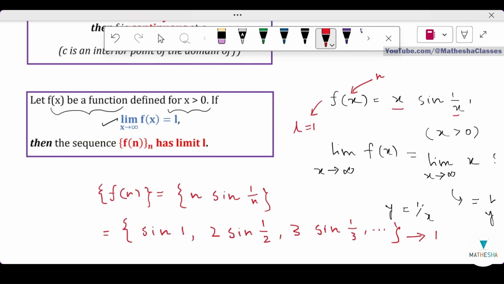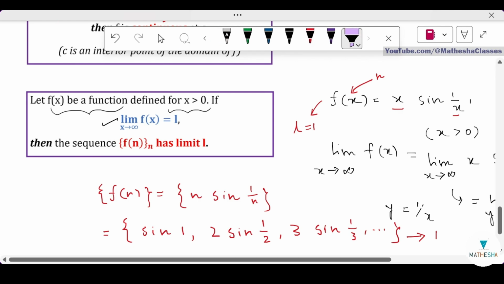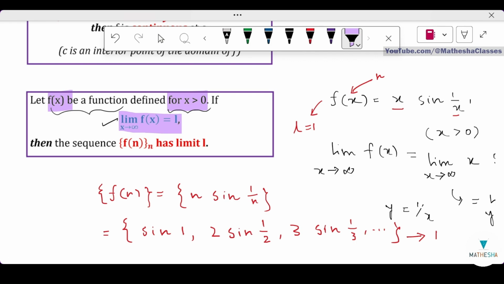So in general, if you have a function f(x) which is defined for all x greater than 0, and if limit f(x) as x tends to infinity is L, then the sequence f(n) has limit L as well. So that is an important trick that we'll be using in our subsequent sums.